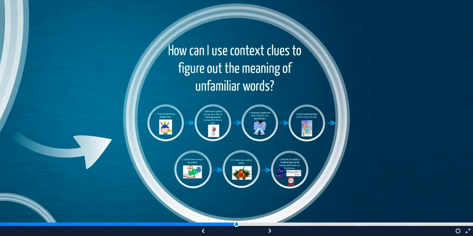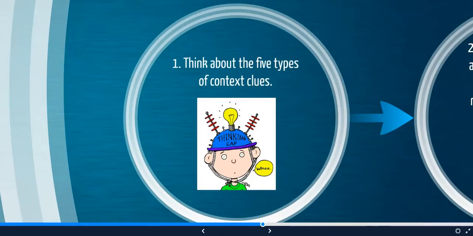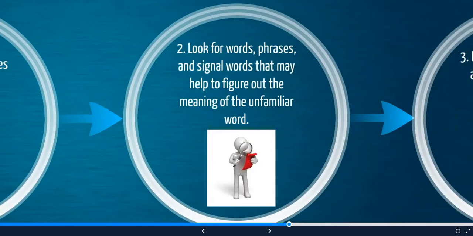All right, so what does this look like? If you're reading along and you come across a word that you don't know, what are the steps to figure it out? The first thing you're going to do is remember, oh, that's right, I have ways of using context clues to help me figure out what the word means. Second, you're going to start looking for those words and phrases and signal words.